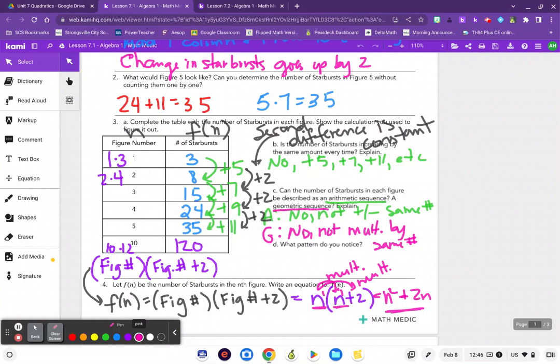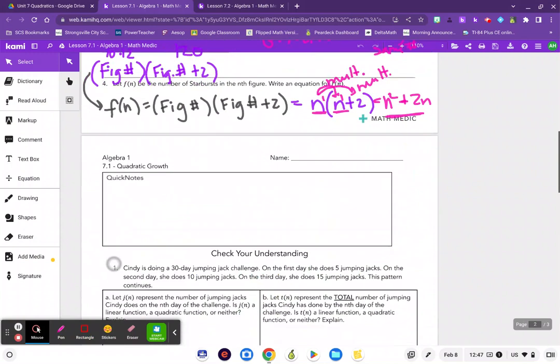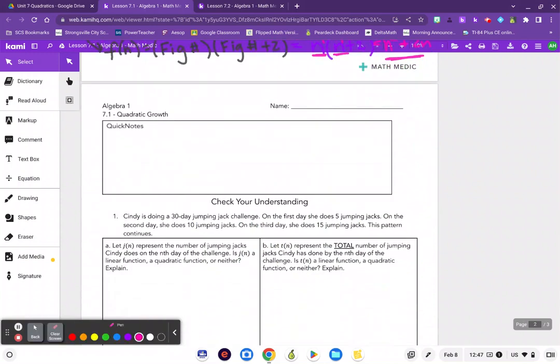All right, so we've come up with a couple of new ideas, looking at a second difference, or that second pattern being the same. I have this n squared that is popping up, so let's talk about what all of this means. On the back, when we look at our quick notes, I'm going to define a new function type for you, and that new function type is a quadratic function with a Q, quadratic.